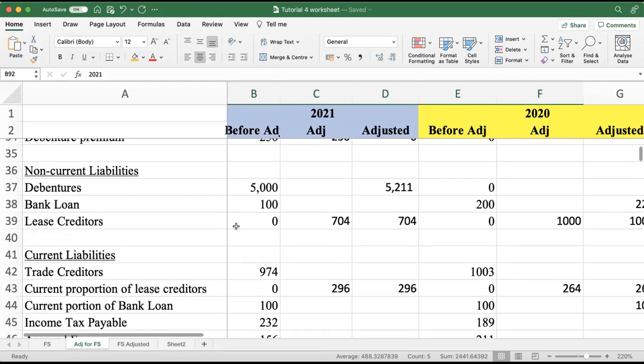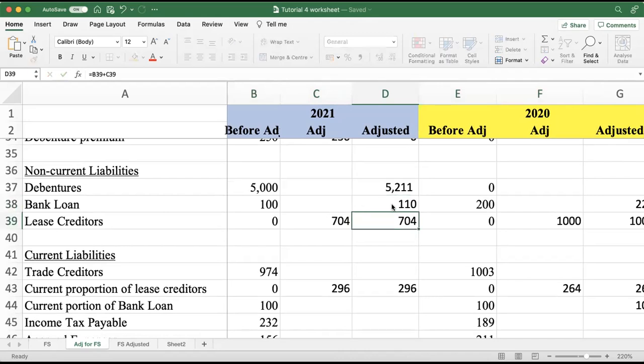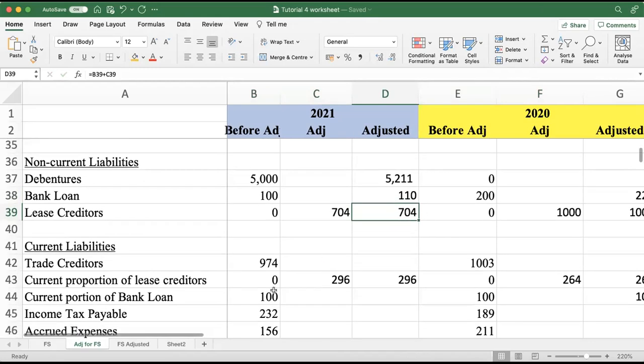Under non-current liability, bank loan 110. Then the current proportion of the bank loan is 100. Right. Any question?